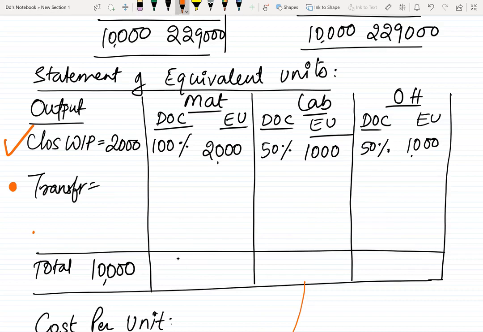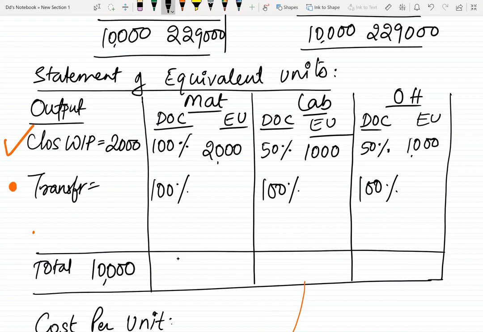That's what you did in the FIFO method. Correct. Then 70% labor means you will write 30%. Overhead 30% means you will write 70%. The average cost method says, why do you worry whether it was incurred in the last period or current period? Last period plus current period, total will be anyway 100%, no. Therefore, they say just take 100%, 100%, 100%. Simple. Maybe something last year, something this year. Add both, you will anyhow get 100%. 100 material, now you will write 0. 60 labor, now you will write 40.